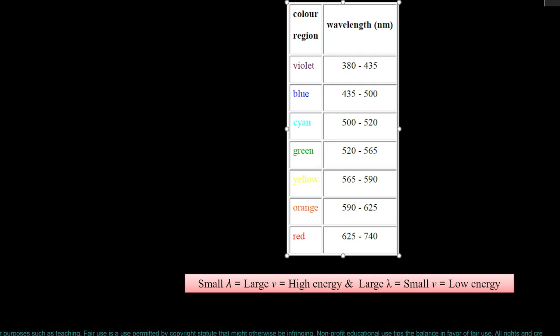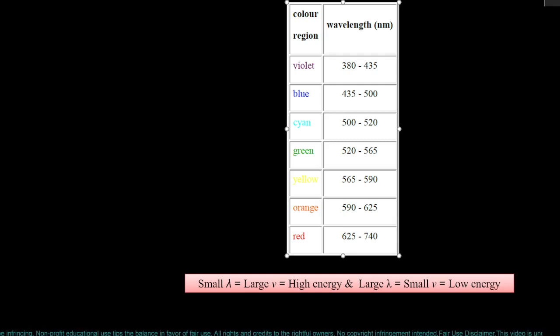Red light has a wavelength of up to 740 nanometers. It has a large or long wavelength, which means it has a shorter frequency, and therefore it is lower energy. So violet light is of a higher energy compared to red light, which is of a lower energy.